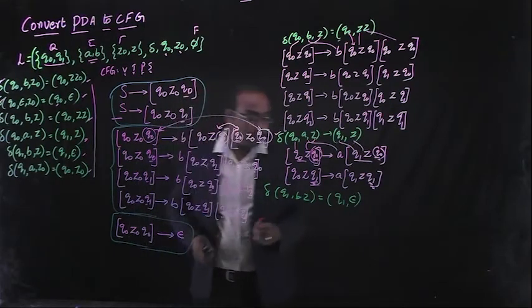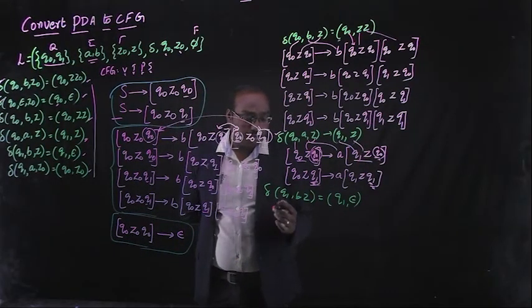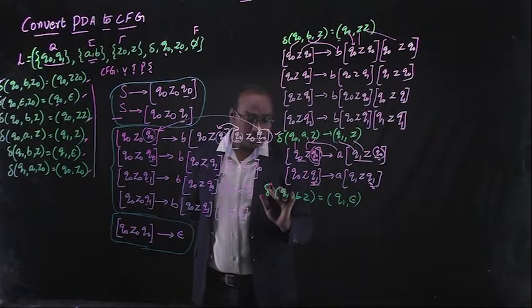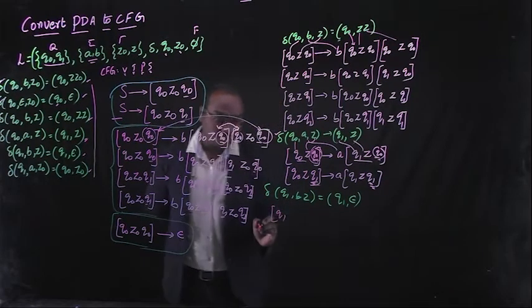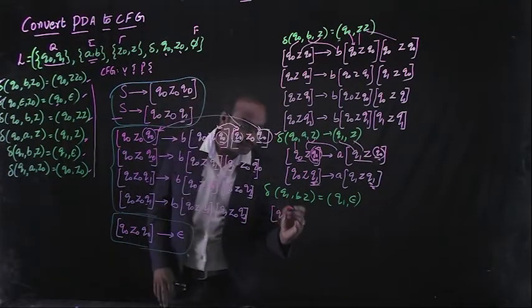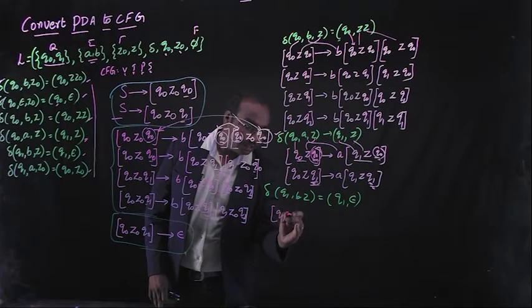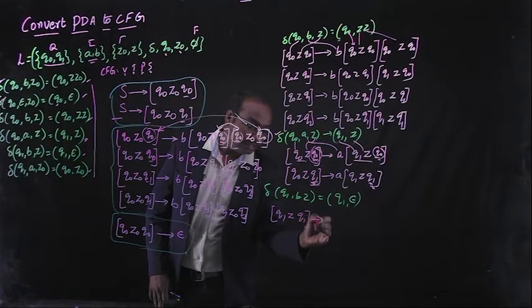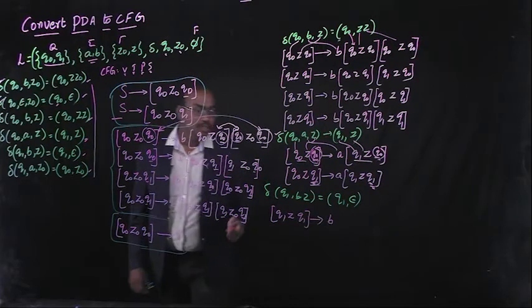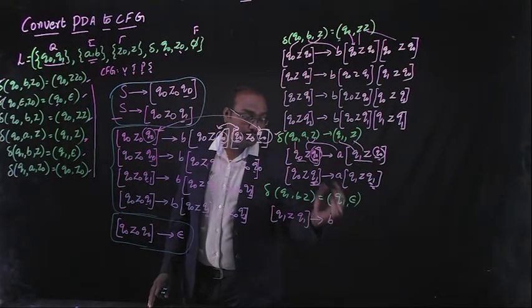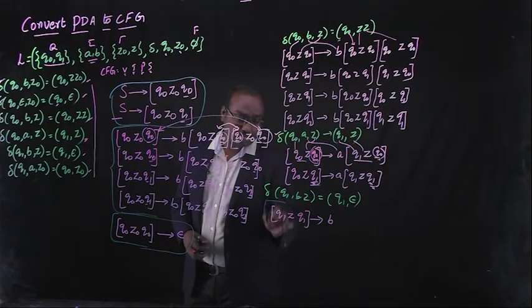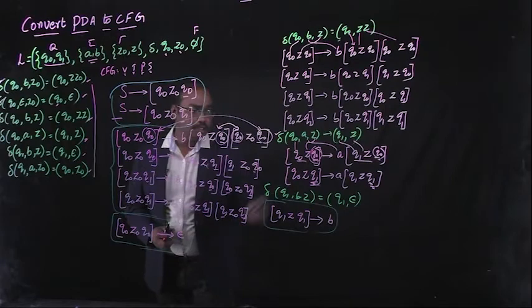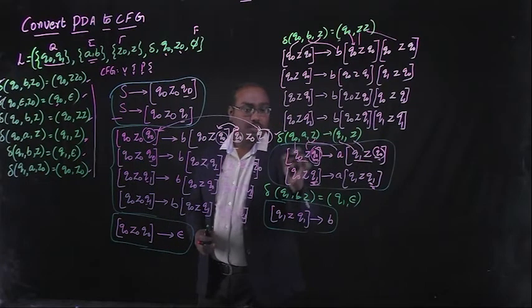So by applying the second rule, state Q1, stack symbol Z, and Q1 tends to B. This is the epsilon production, non-erasing moves. Okay, so this is the production rule for this transition function, and these are the 2 possible production rules for this transition function.